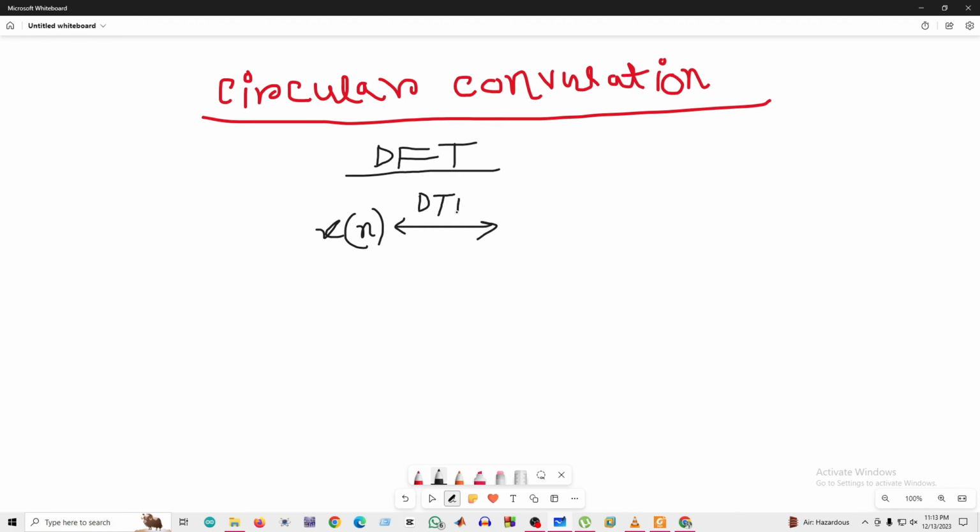If you do the DTFT, you actually get the capital X of omega, right? In the time domain, your x of n is basically discrete, and let's say this is aperiodic.